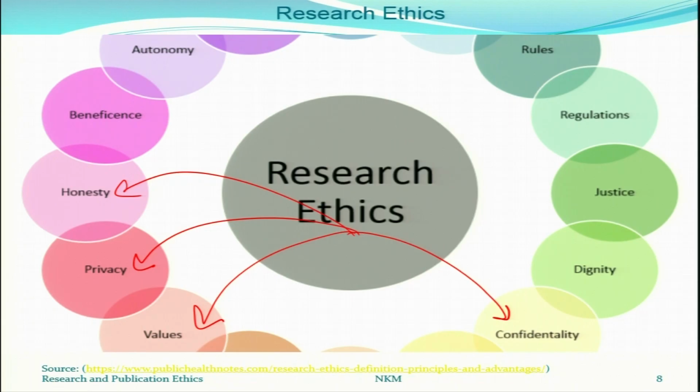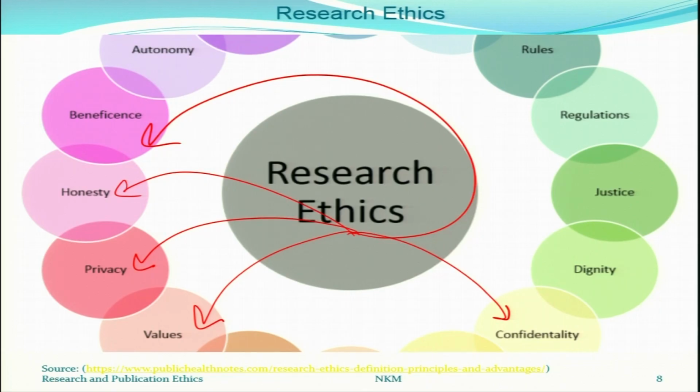You must be honest with your experiment methods. You must not fabricate, and any kind of data manipulation should not be there. So you must mind honesty, and you have to work for the beneficence of society. So your research has a very stringent purpose, the beneficence of the common good or common people.